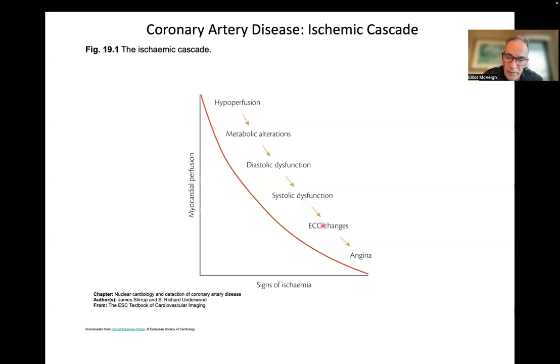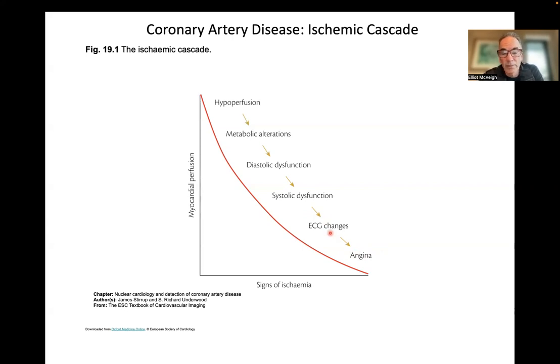Somewhere after this, you start picking up ECG changes that are due to the change in the pattern of depolarization on the left ventricle, because you have reached a point of ischemia where that tissue is significantly changed, so it won't produce a depolarization excitation in the local tissue. So now you have something like a patch that isn't even depolarizing, and so you get a big EKG change. And then the patient will develop pain, right? Some of these things can swap orders. People can get pain early if they're lucky.